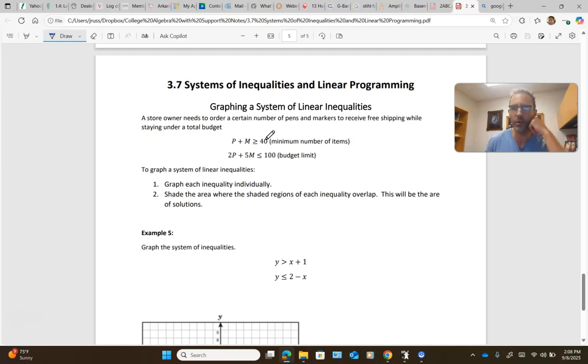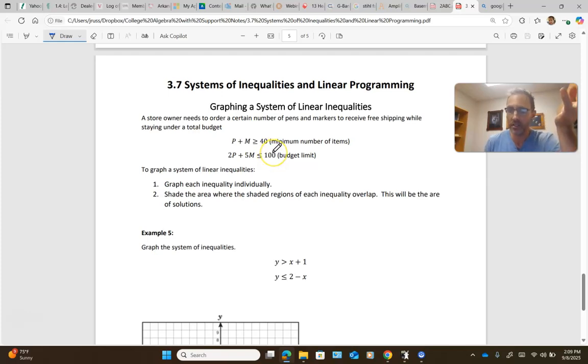And then furthermore, let's say that each box of pens costs $2 and each box of markers costs $5. And so our budget limit is $100, so we need the cost for pens plus the cost for markers to be less than or equal to 100.